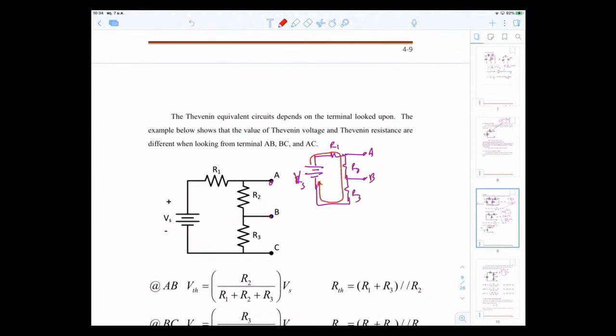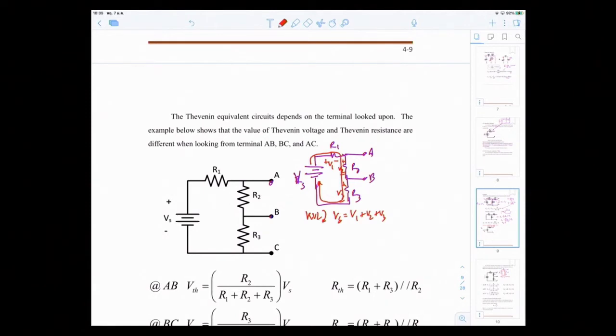It's just one loop. If you write KVL, it will be Vs equal to V1 plus V2 plus V3. So it means that V1, V2, and V3 are divided out from Vs.